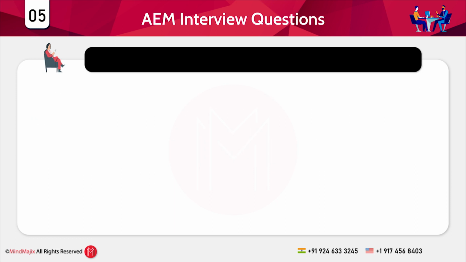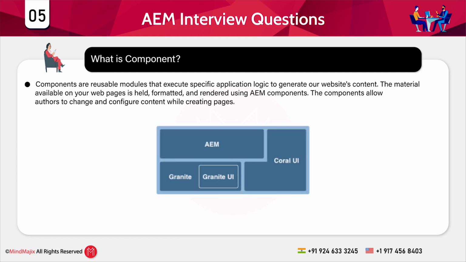And then, what is a component? Components are reusable modules that execute specific application logic to generate website content. In a website, we can have n number of components, each with its individual logic.